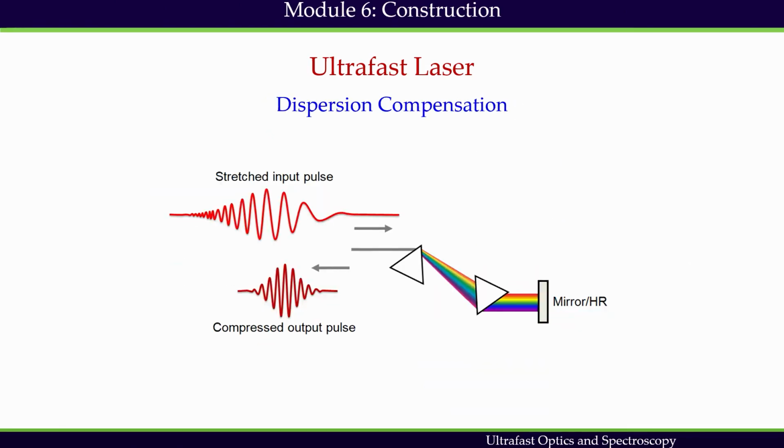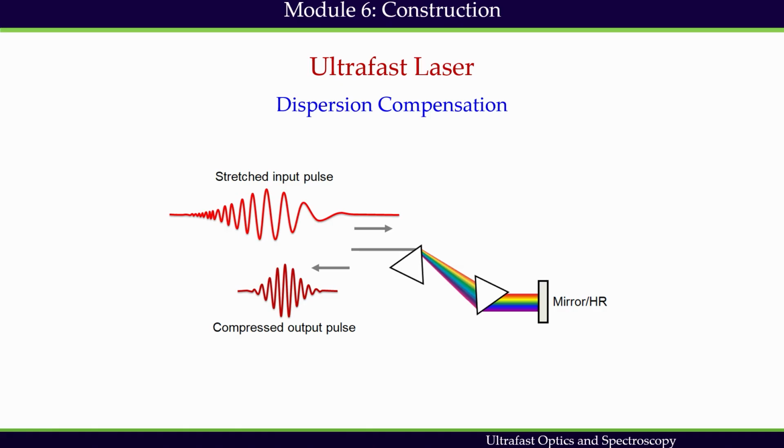Is mode locking enough to generate an ultrafast pulse? So, the first thing we have learned here is that we need many frequency components. Then we have learned that not all frequency components will sustain in the cavity. There are some frequency components which will sustain in the cavity, and those are called longitudinal modes.